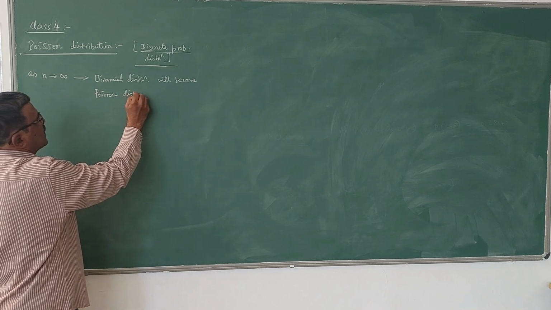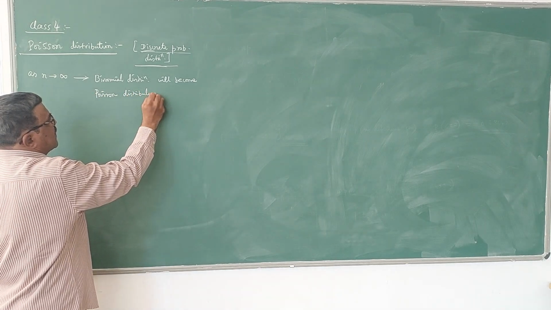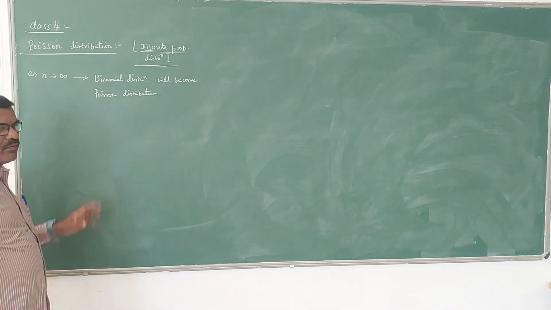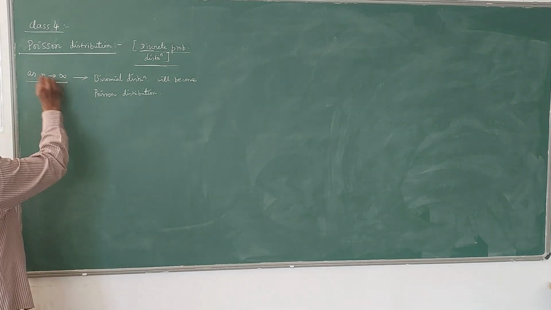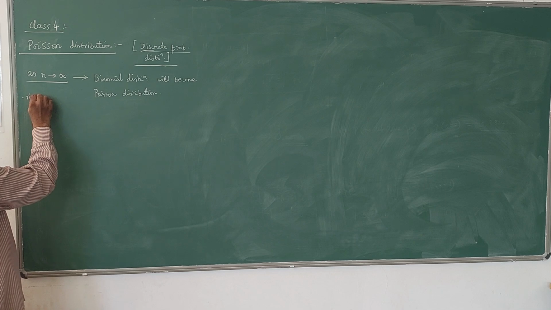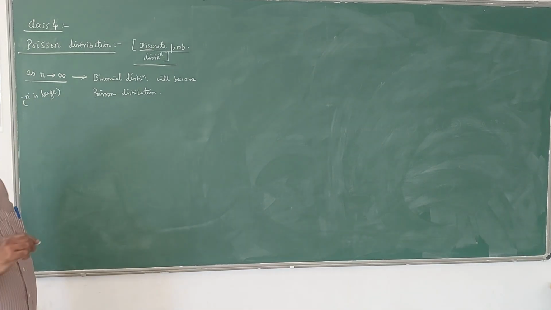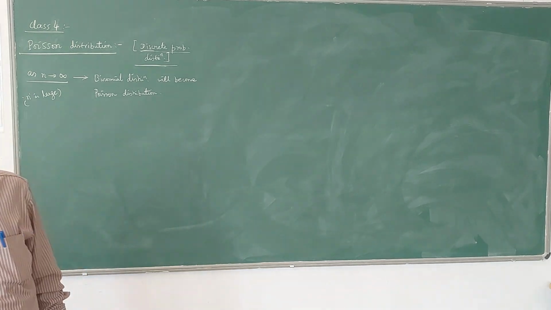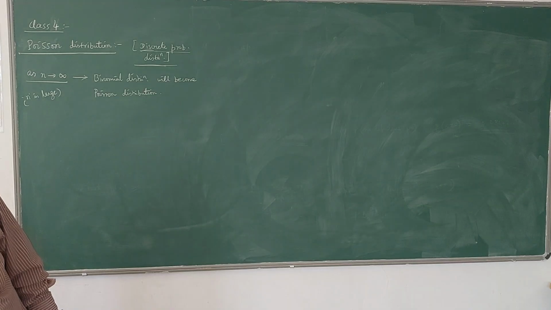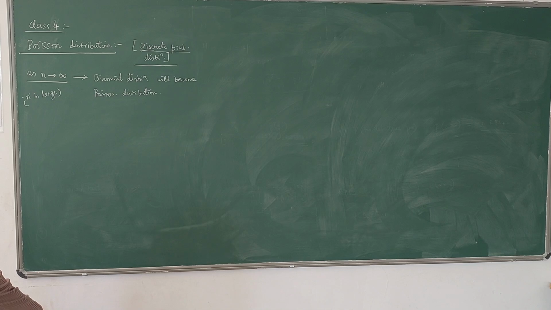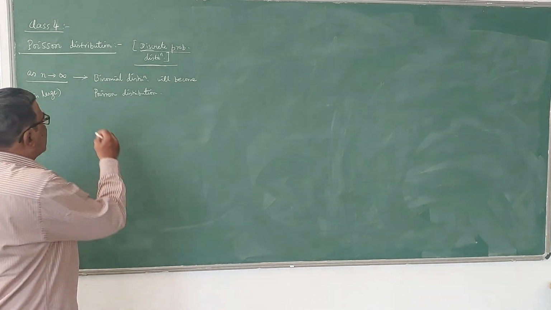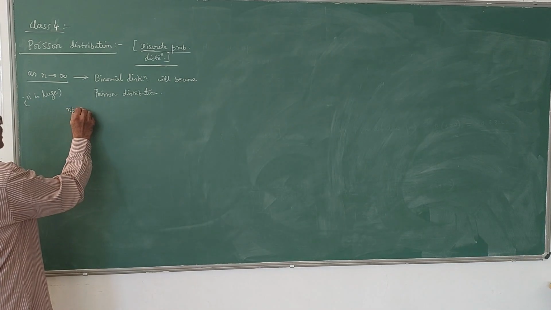When the number of trials n is very large, we can take the binomial distribution as a Poisson distribution. In this case, the value of n into p can be taken as a finite number, m.